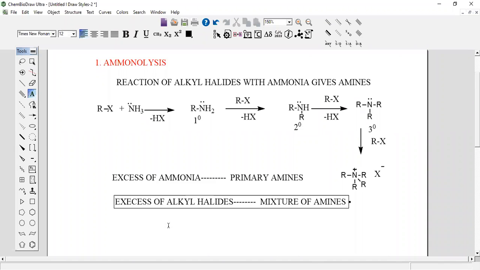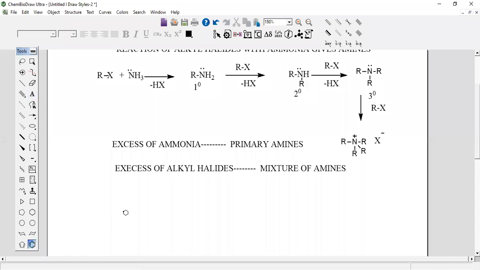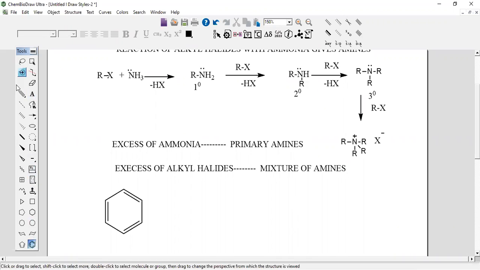Suppose if we use aryl halides, what do I mean by aryl halides? Aryl halides means halides with a benzene ring, like bromobenzene or chlorobenzene. These are said to be the aromatic halides.